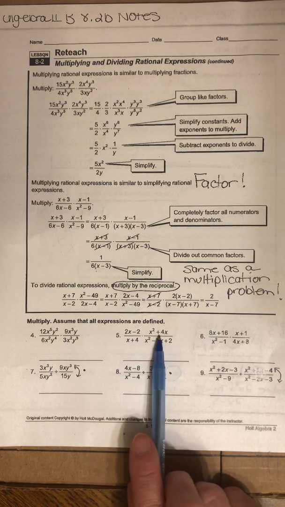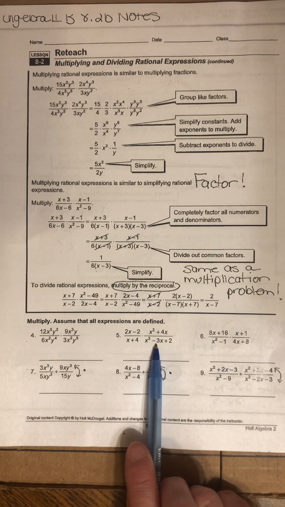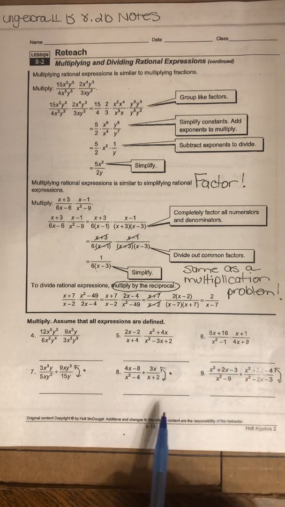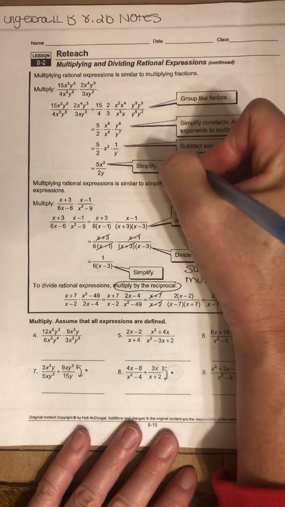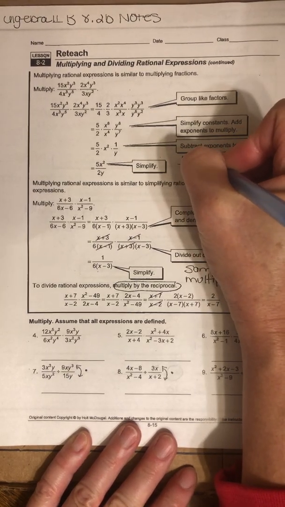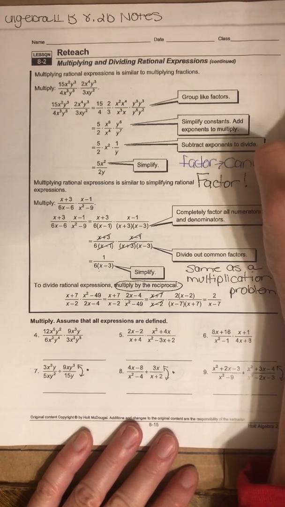Take a look at number 5. If you multiplied out these denominators, that's a lot of work and it's going to be very messy. So we always cancel first. So we factor if possible, then cancel, and then multiply.